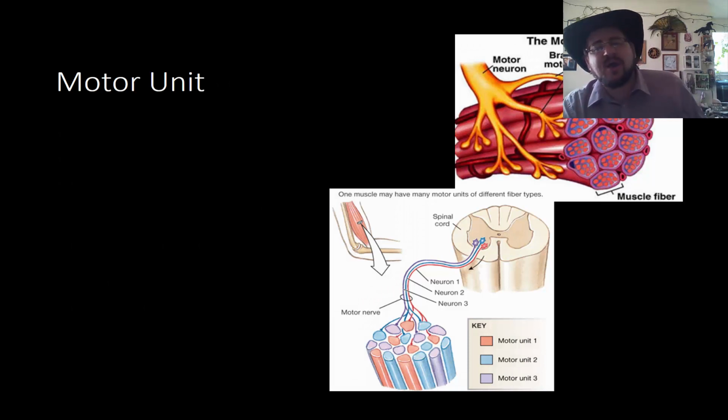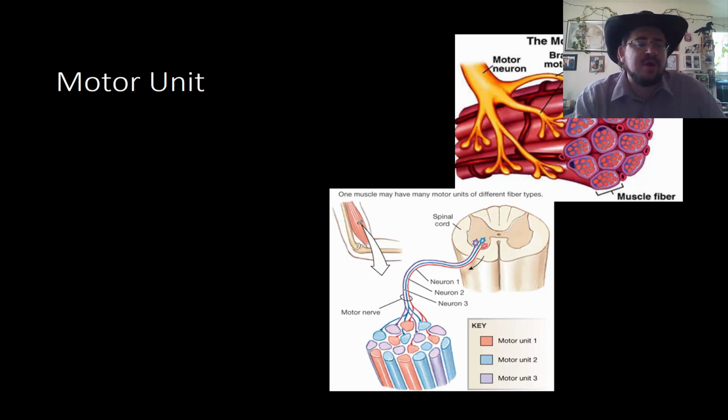Now that we've talked about how a motor neuron works, let's talk about the fact that a motor neuron will control multiple muscle fibers. It is very rarely, if ever, where you have one neuron per one muscle fiber, one muscle cell. Instead, you have one neuron controlling multiple muscle cells.